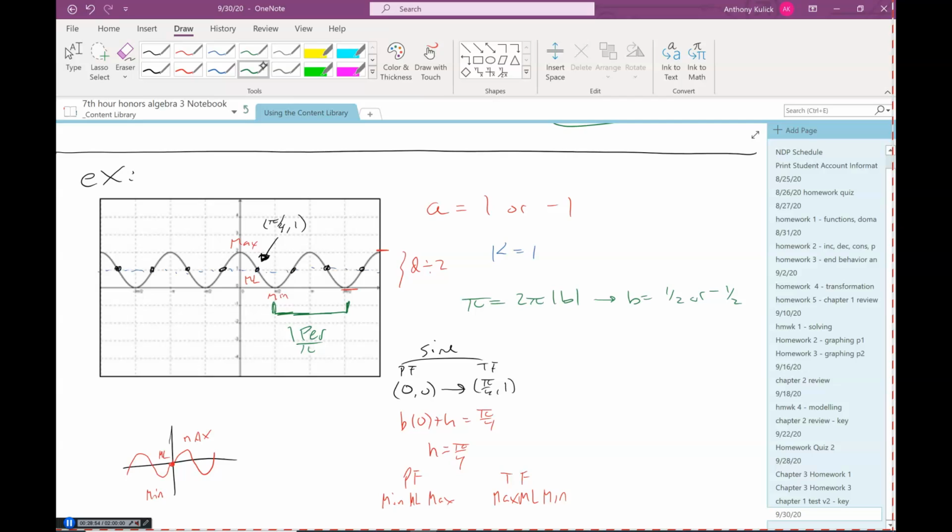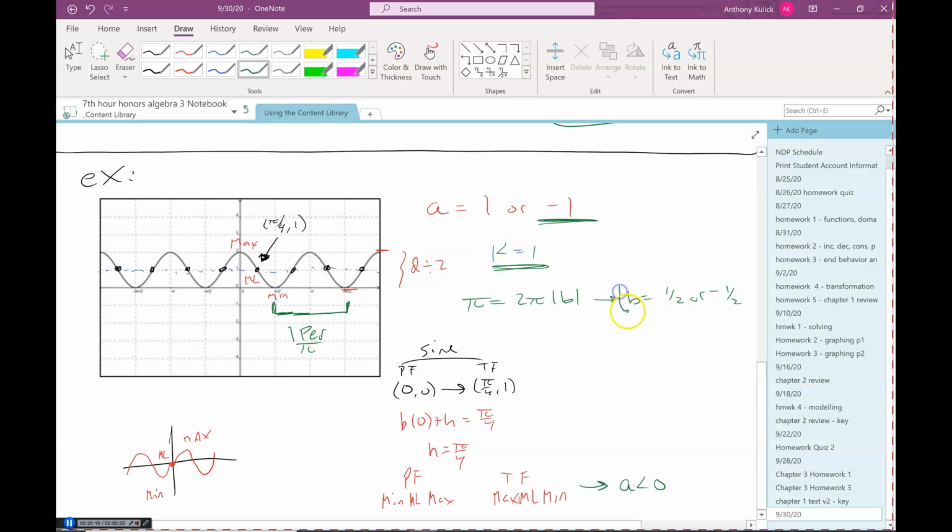Did a reflection take place? Yeah, right? If the maxes and mins are in the opposite order from the parent function, the only way that happens is if the parent function got reflected across the x-axis. So we know that our a should be negative.